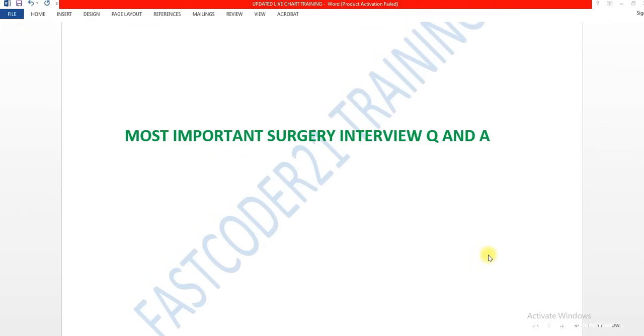At that time you can give the 57 modifier. So the gap must be only one day between the original surgery and the evaluation and management. If you see your CPT book, they have clearly mentioned decision of surgery on the day before and day of surgery.